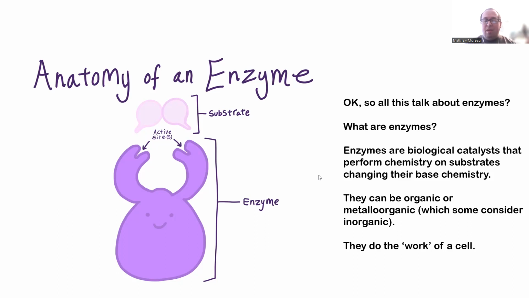And enzymes can be either truly organic, meaning that they are only made up of elements or amino acids that form certain kinds of bonds and do not have any transition metals or group 1, group 2 metals in them, or they can be metalloorganic, meaning that they have a metal cofactor or they require a metal substrate in order to perform their catalysis.